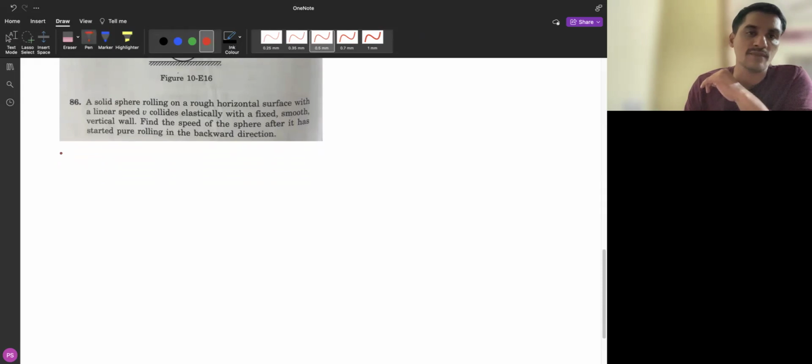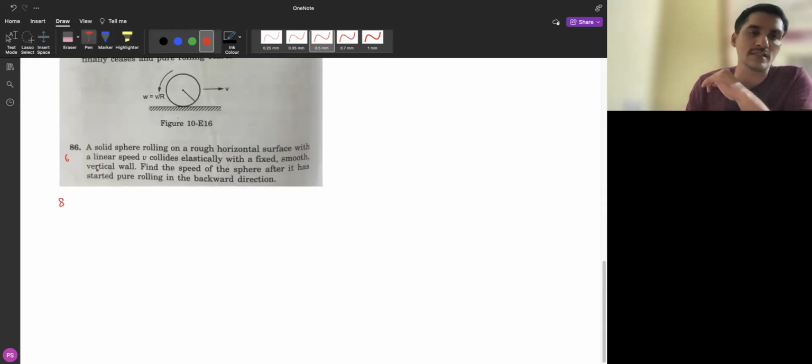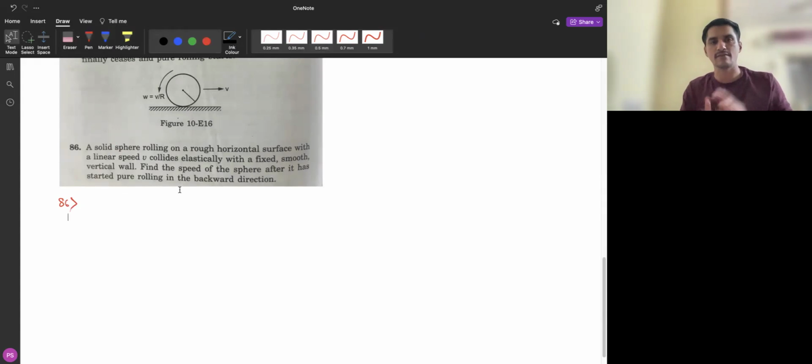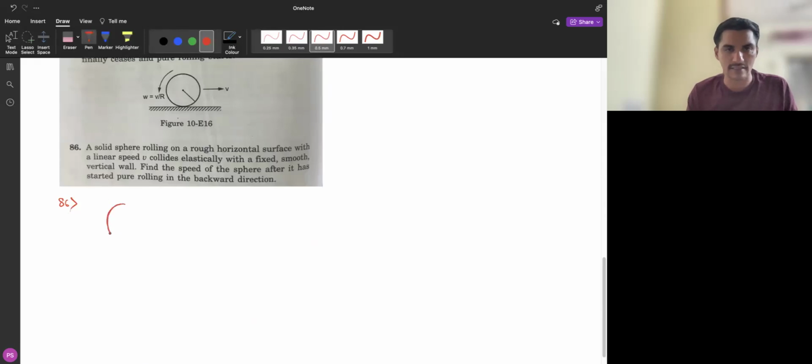So now listen, 86th question I am answering. There is a solid sphere which is rolling on a rough horizontal surface with a linear speed v.